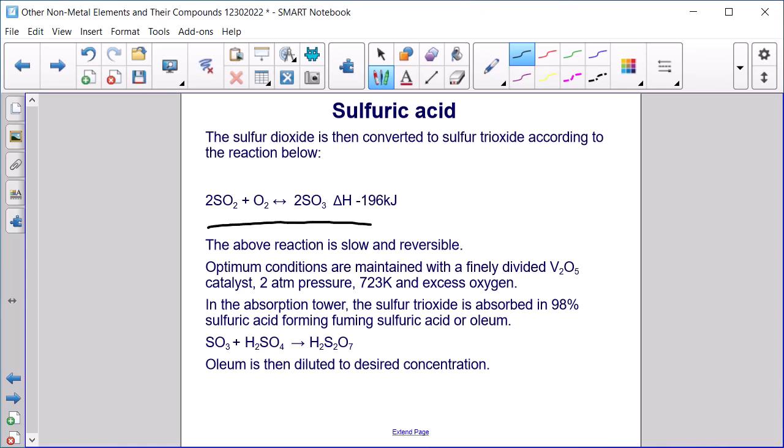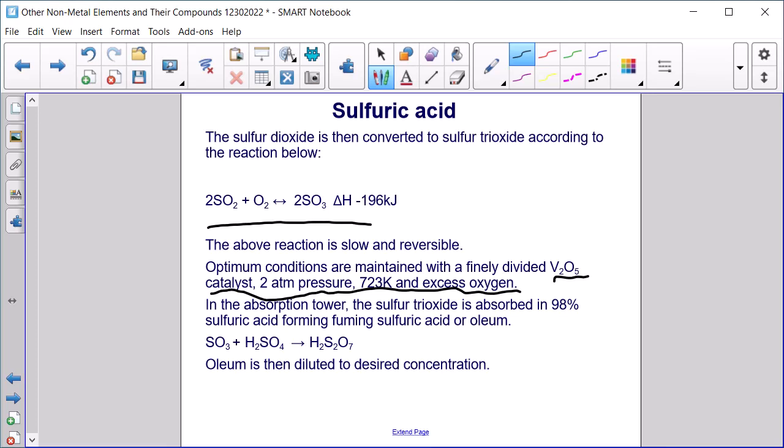The above reaction is slow and reversible. Optimum conditions are maintained with a finely divided V2O5 catalyst, 2 atmospheres of pressure, 723 Kelvin, and excess oxygen.